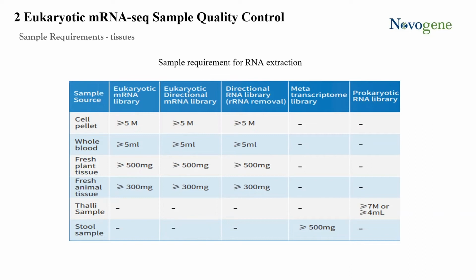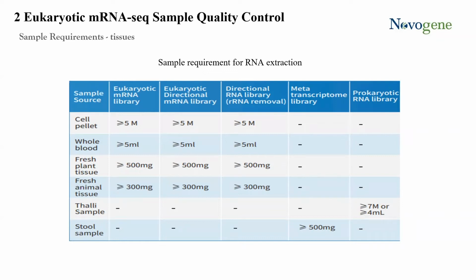For fresh plant tissue, we recommend submitting greater than 500 milligrams across all the 3 library preps that we offer, and for fresh animal tissue, greater than 300 mg.